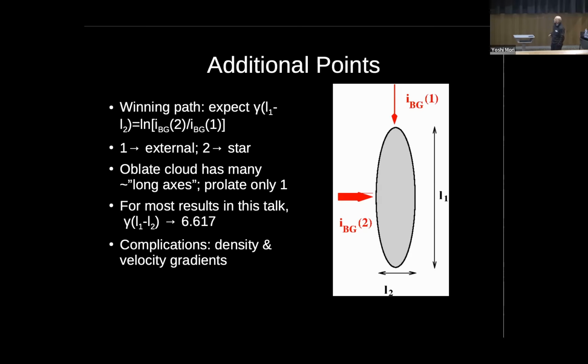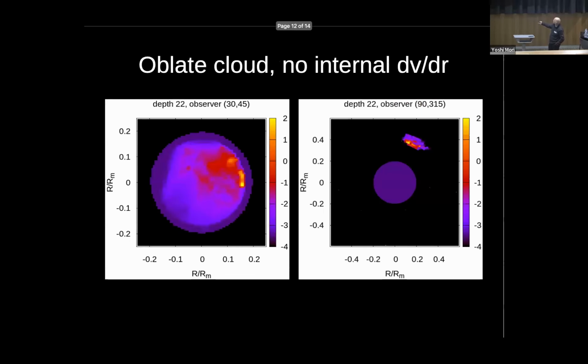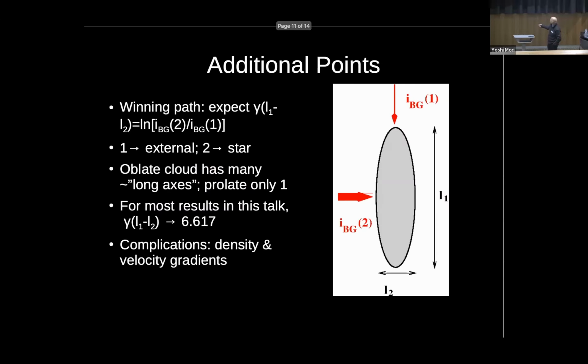Naively it would have to be about 6.6. And I would say what you actually need from the computational models is considerably less than that, but two is not enough. Okay, so a single overlap of a spherical cloud won't do it. And there is considerable complication from density and velocity gradients.